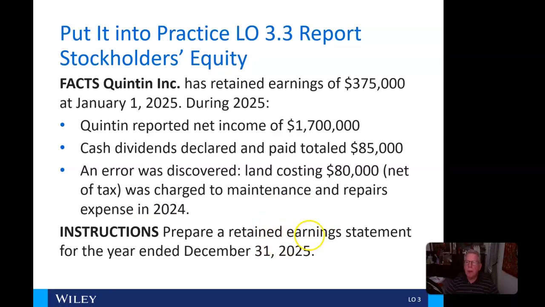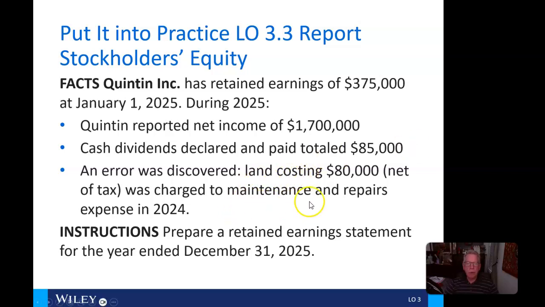As it says, the facts with the Quinton Incorporated, they had retained earnings of $375,000 at January 1, 2025. And then during 2025, they reported net income of $1.7 million, declared some dividends, and paid them to the tune of $85,000.